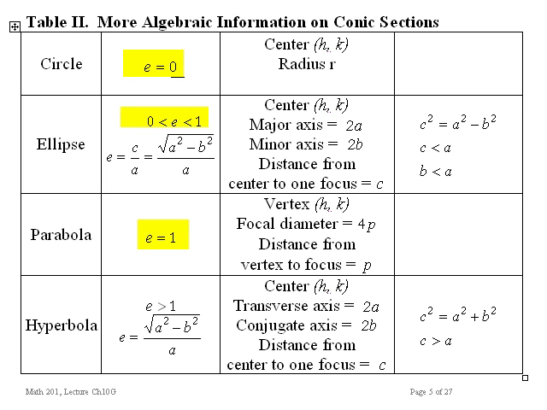For a parabola, the eccentricity is 1, and for a hyperbola, the eccentricity is greater than 1. There are some expressions here for calculating the eccentricity for the ellipse and the hyperbola. The important thing here is just to see eccentricity is 0 for a circle, between 0 and 1 for an ellipse, 1 for a parabola, greater than 1 for a hyperbola.